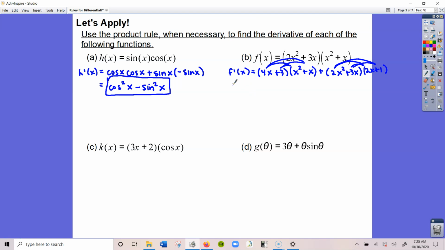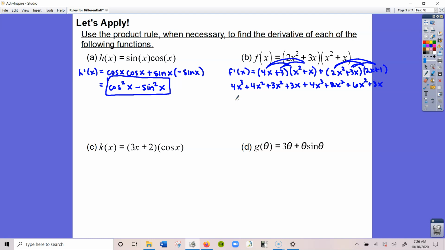And this would give us 4x to the third plus 4x squared plus 3x squared plus 3x. Now we're going to go ahead and distribute the second factors. So plus 4x to the third plus 2x squared plus 6x squared plus 3x.